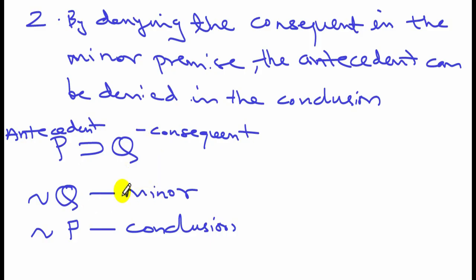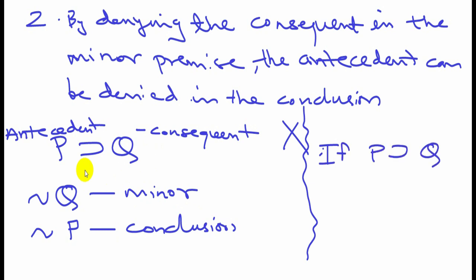If it goes the reverse way around, this would be a fallacy condition. If P, then Q, then the minor comes in, and instead of denying the consequent, it denies the antecedent, P. And the conclusion comes in and denies the consequent.